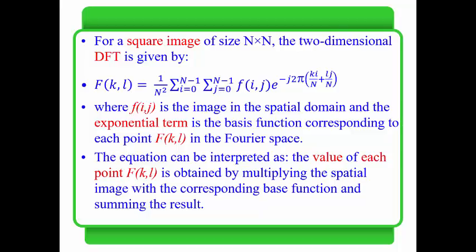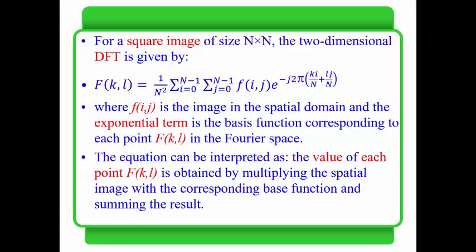We say that f of i j in this expression represents the image in the spatial domain. And the exponential term here is the basis function that we have talked about. This is the function that is responsible for converting my image from the spatial to the frequency domain.